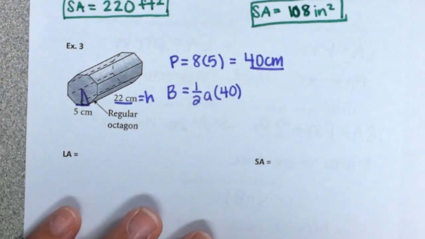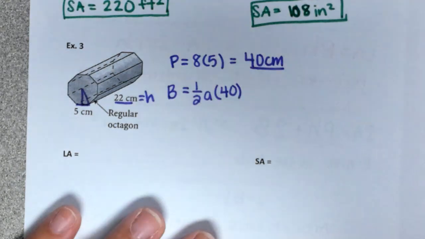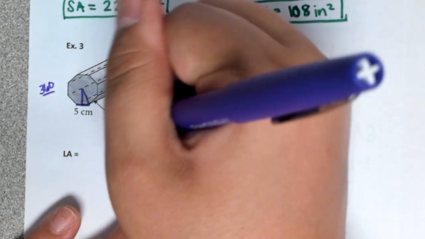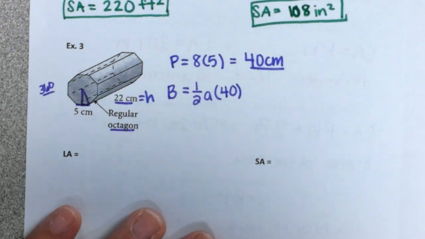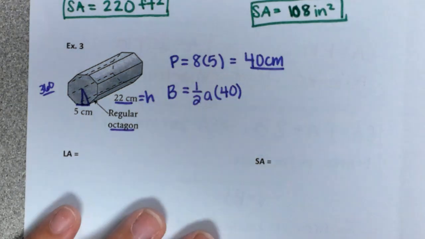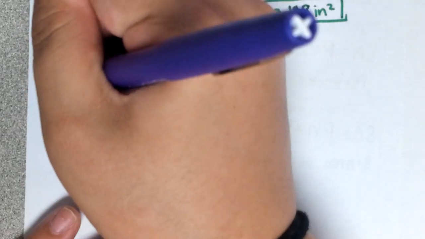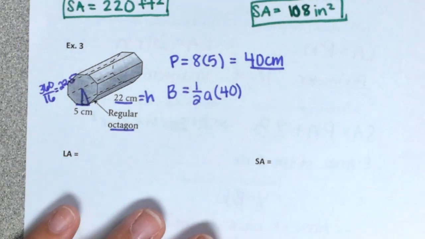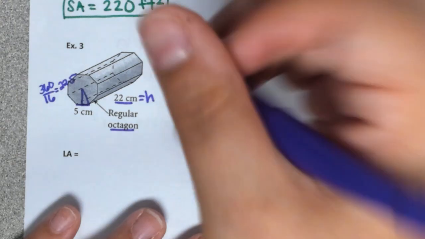How do I find that little a? I'm going to have to do what? Trick. So real quick, to find the angle, it is an octagon, so 360 divided by what? 16, double the number of sides. And we already did that in the warm-up, which was 22.5.